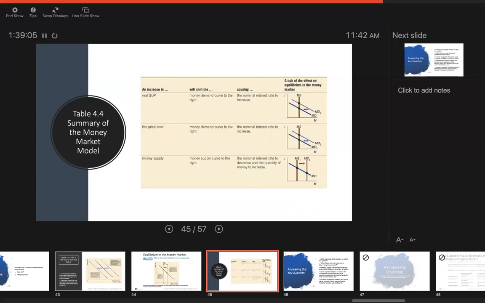If the money demand curve shifts to the right and money supply stays at the same level as it was, the nominal interest rate in the economy will go up. Price level, same effect. Price level goes up, people need more money in order to buy the things that they were buying before. So the money demand curve will shift to the right. And if the money supply is held fixed, then the nominal interest rate will go up. Money supply, on the other hand, if that's increased, then there is more money in the system. And if money demand is not changed, then you'll see a decrease in the nominal interest rate.